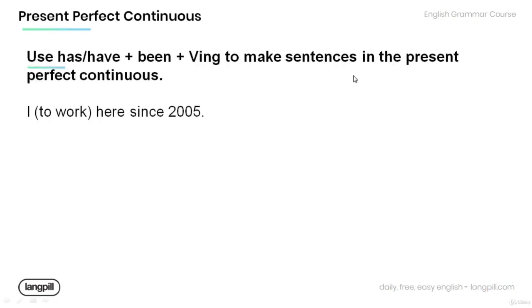Now let's review and practice a bit. Remember that we use has or have plus been plus verb-ing to make sentences in the present perfect continuous. Now read the sentence below and provide the present perfect continuous form of the words in the bracket. I to work here since 2005.